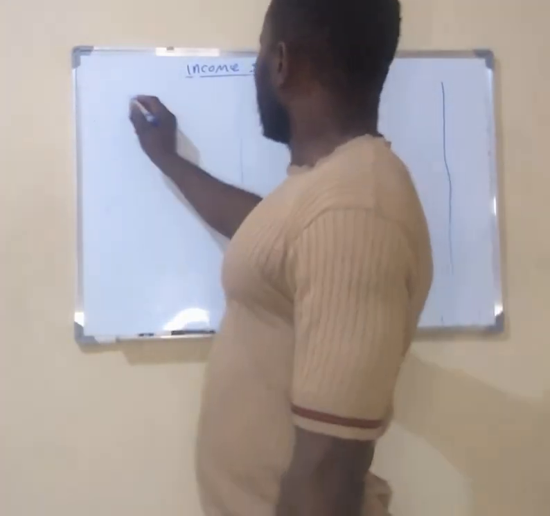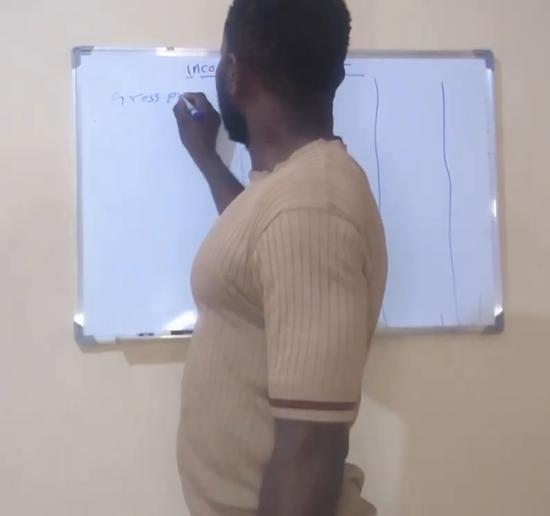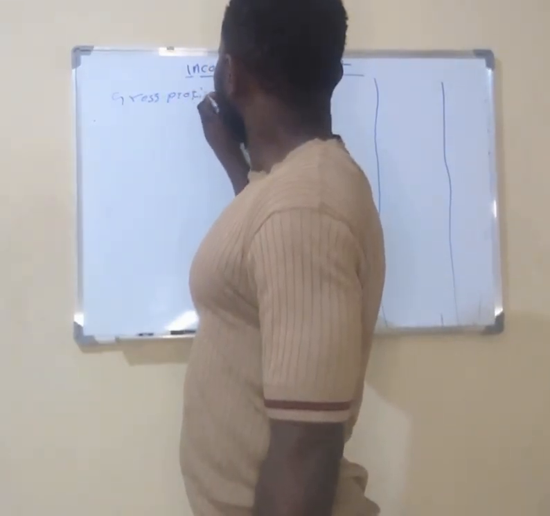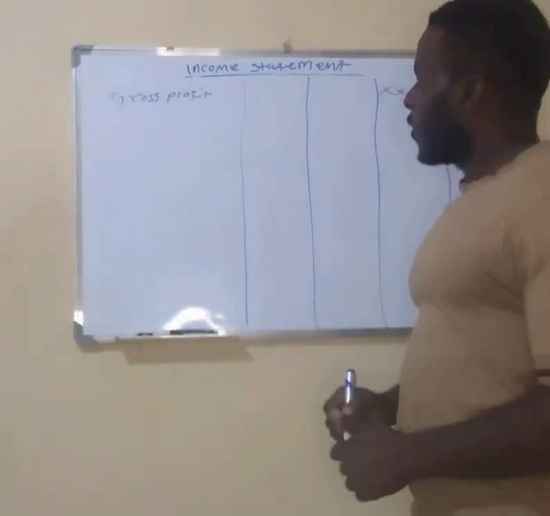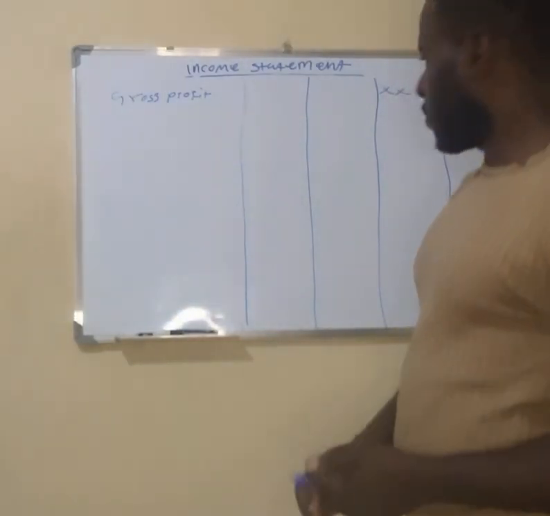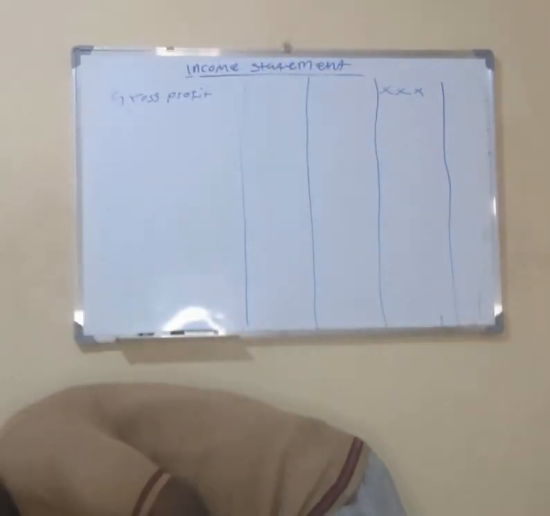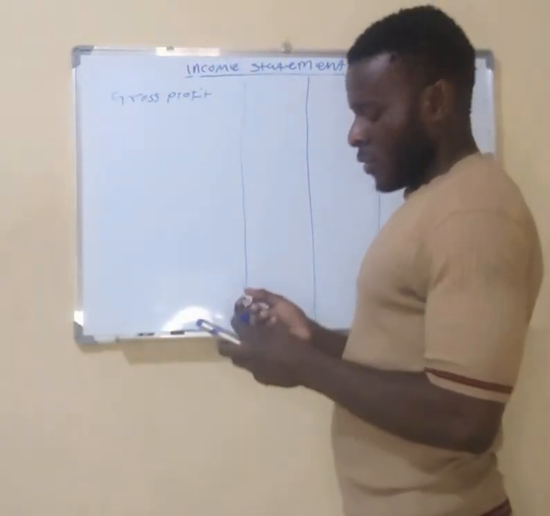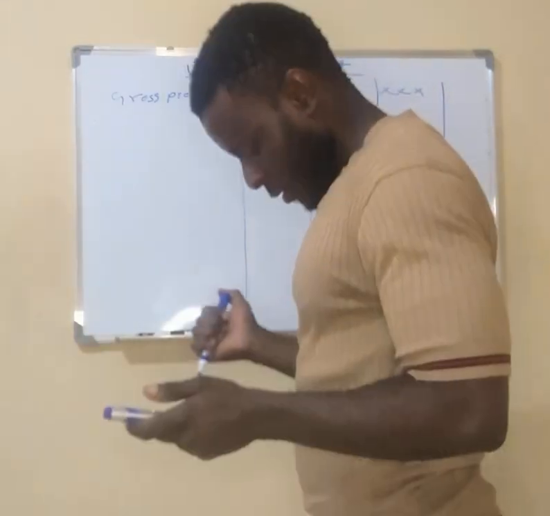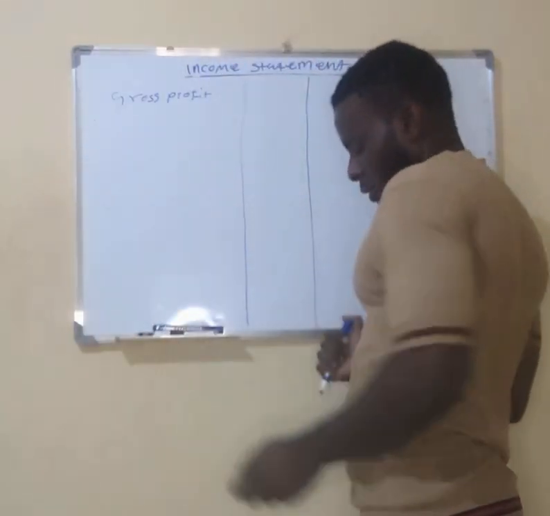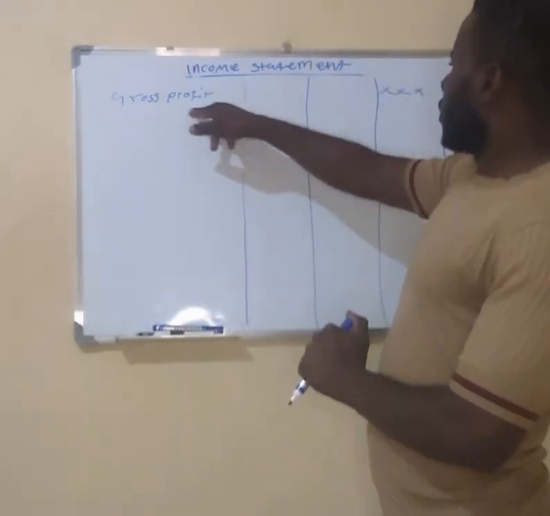So we had gross profit. What was here? Let me get another marker. All right. So we had gross profit.